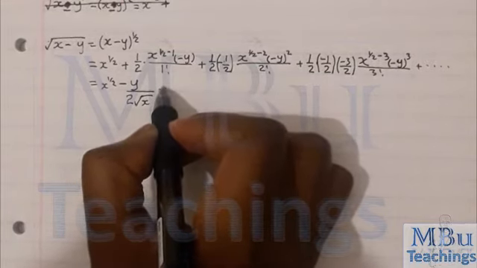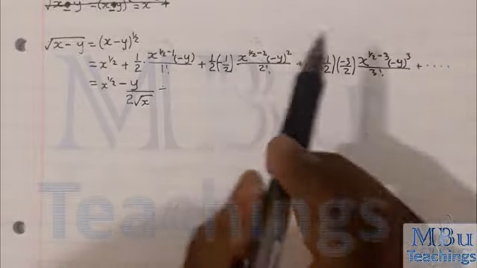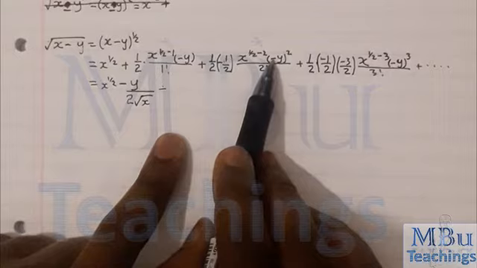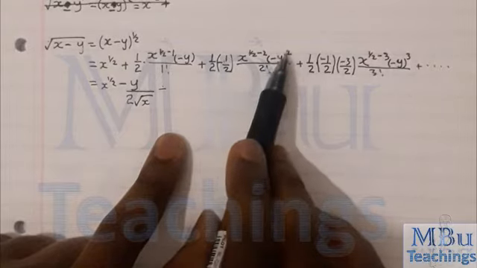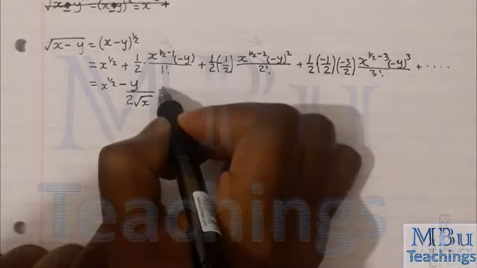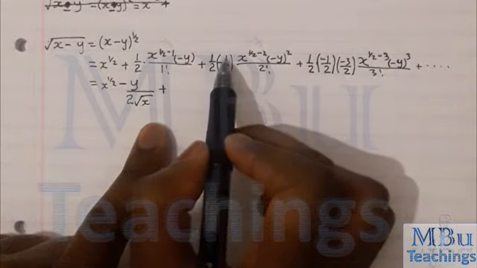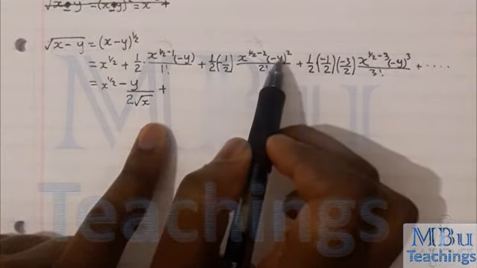Then you say plus. Okay, you are not sure, so you say 1 times 1, this negative times negative will become positive, so that means we'll have a positive sign here. 1 times 1 times y squared.